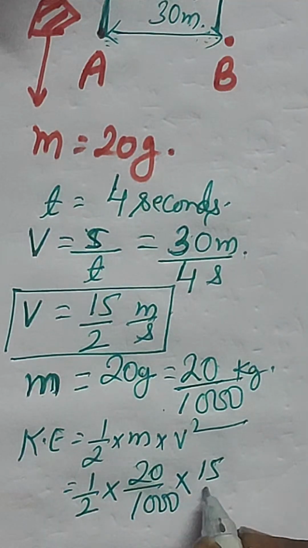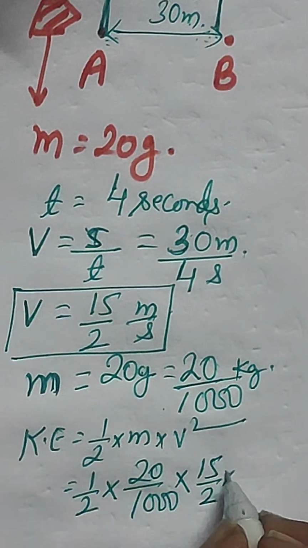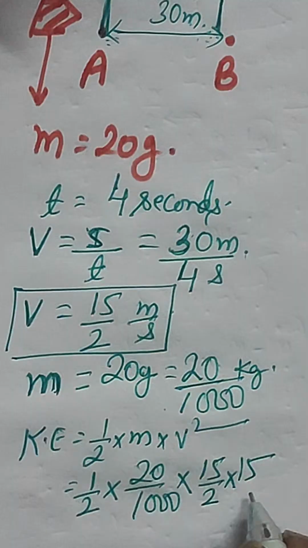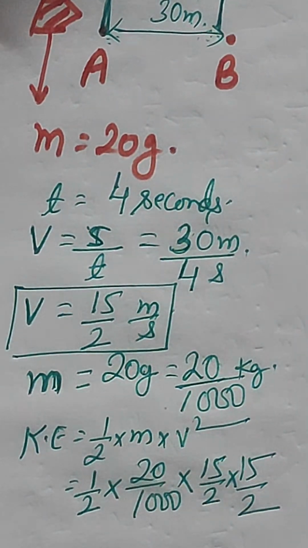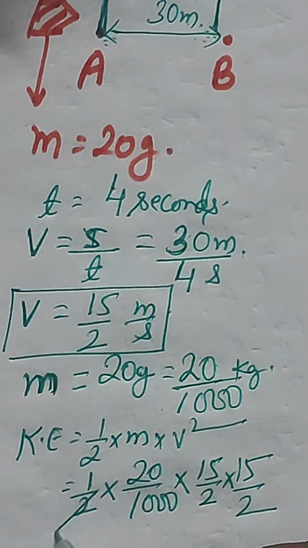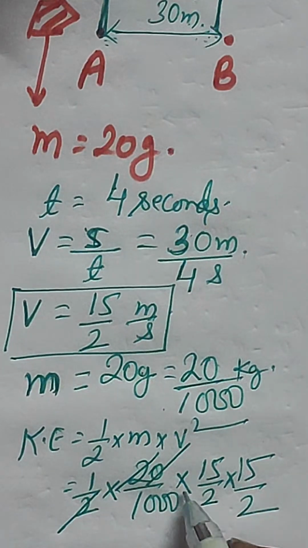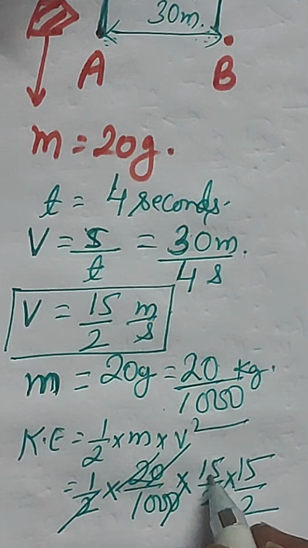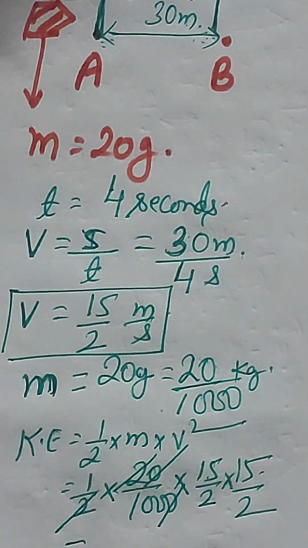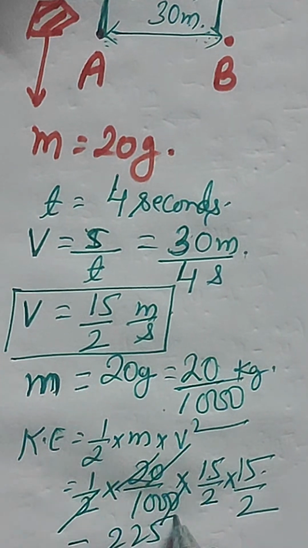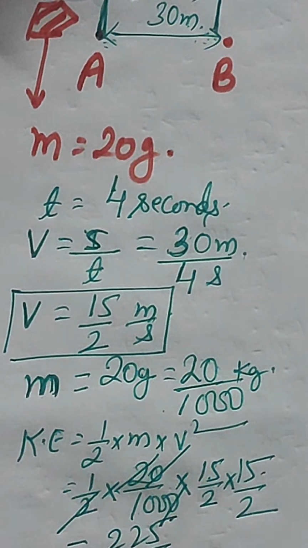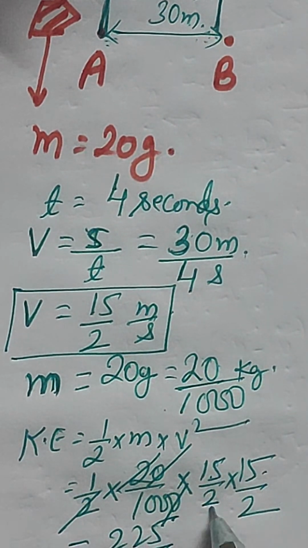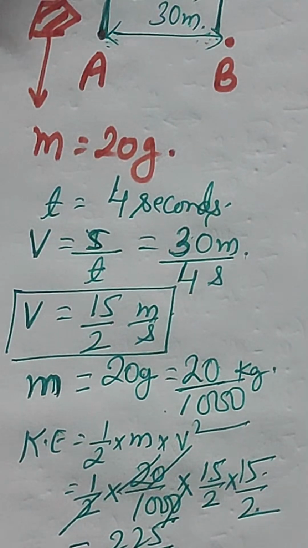That is 15 by 2 square, that is 15 by 2 into 15 by 2. So the 2 will be cancelled out, 10 will be cancelled out over here, right? And this 15 into 15 is nothing but 225 divided by 400, right? 2 into 2, 4 into 100, 400.